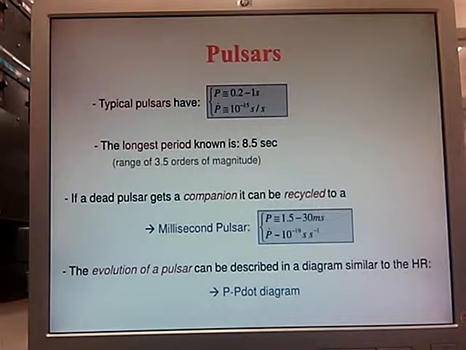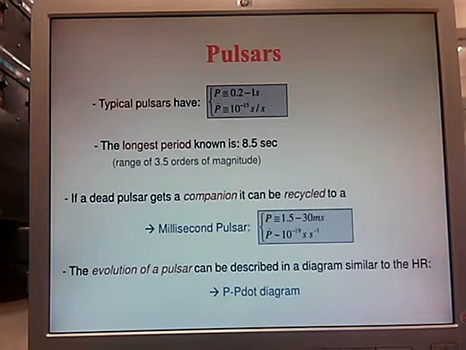Now, what happens if I've got a binary companion next to this pulsar? And that binary companion is just a regular star going through the phases of the life cycle of a star. This companion star will eventually reach some giant phase.